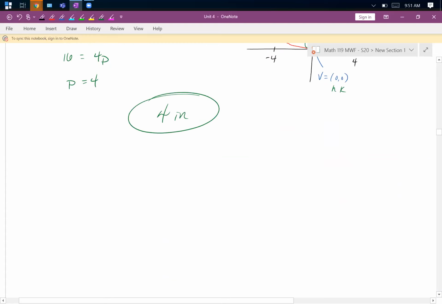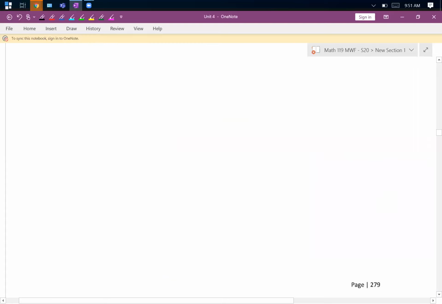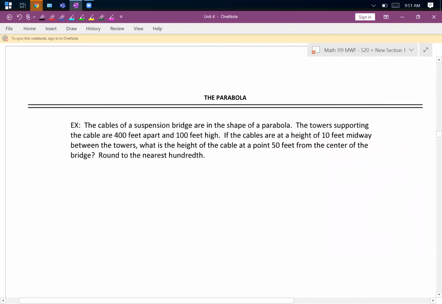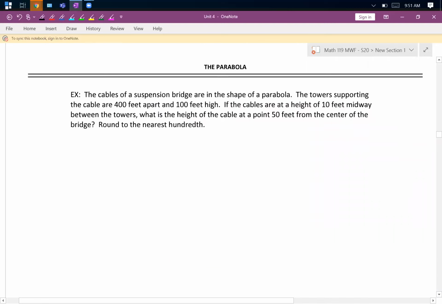All right, let's try another one then. Here, the cables of a suspension bridge are in the shape of a parabola. The towers supporting the cables are 400 feet apart and 100 feet high.